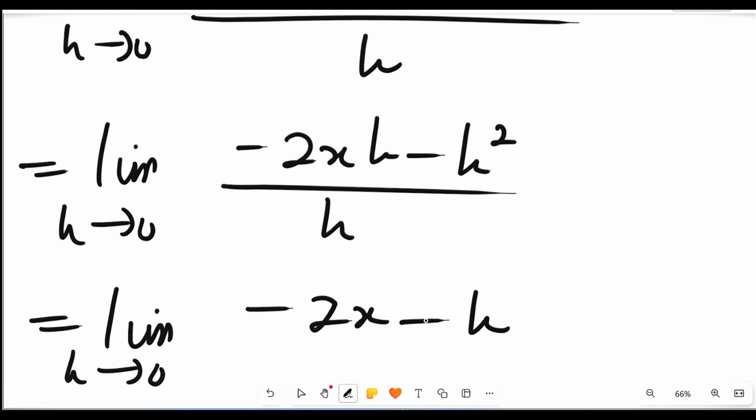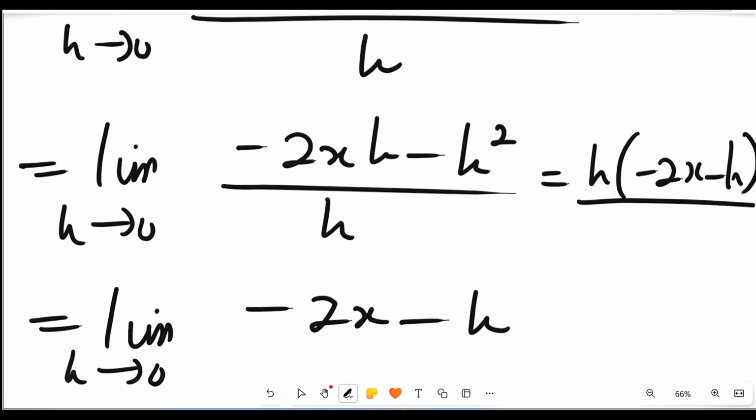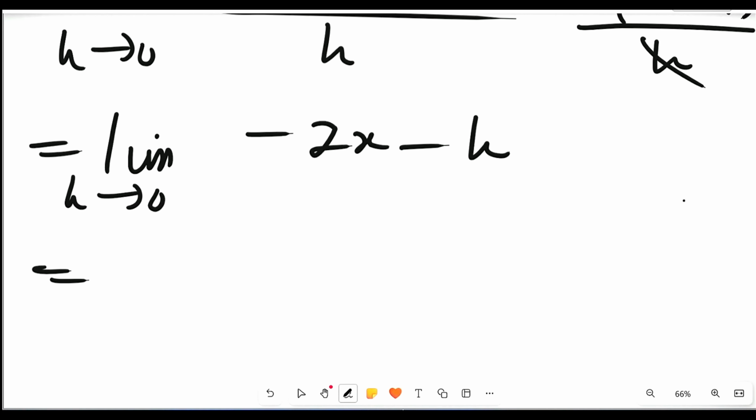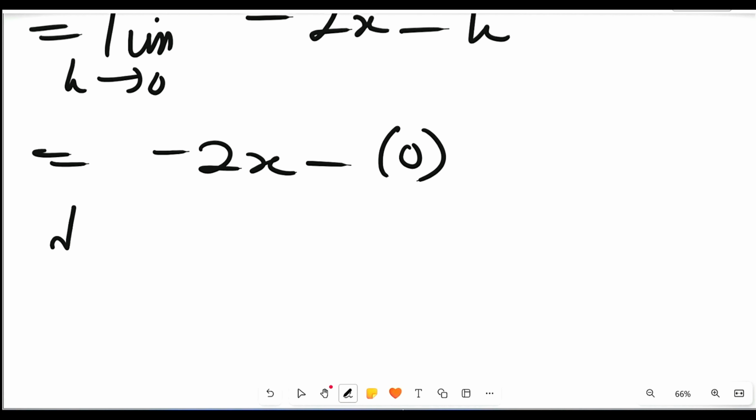Or you can rewrite it as, we factorize h out, that is h, then bracket negative 2x minus h, all divided by h. So we cancel this. Right. So we can now plug in the value of h. So we will now take the limit. We have negative 2x minus 0. So the dy2/dx is equal to negative 2x.